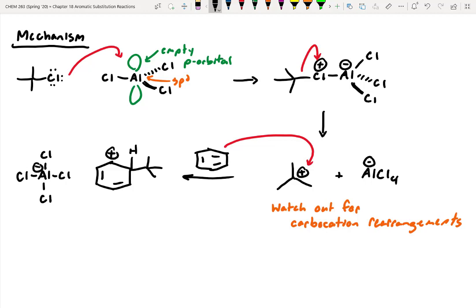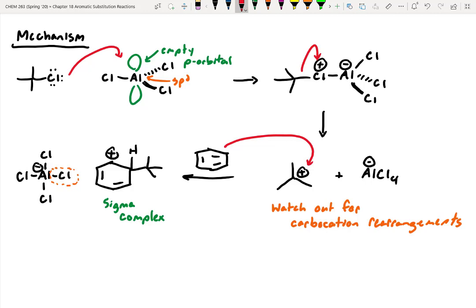All right, so we've got this aluminum floating around in solution. We've got this sigma complex right here. We know that the sigma complex is really unstable because we've broken aromaticity. So what we're going to do is use one of these chlorine atoms as a really weak base.